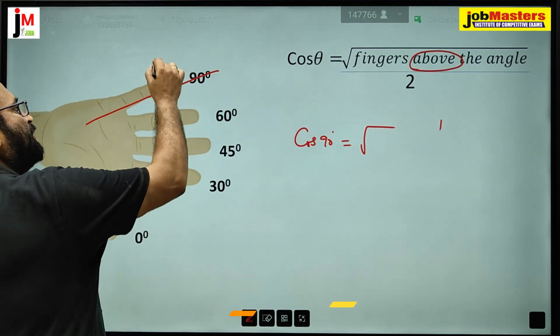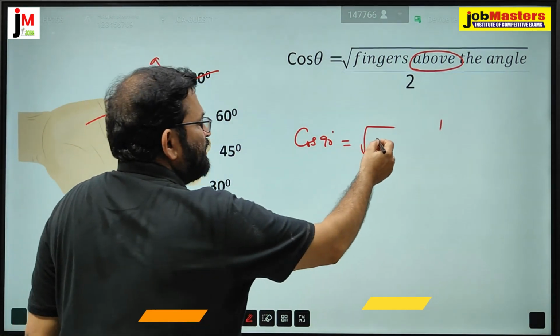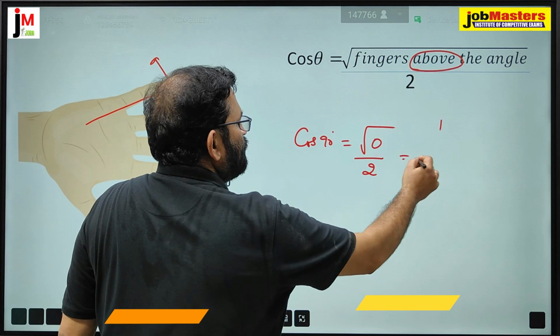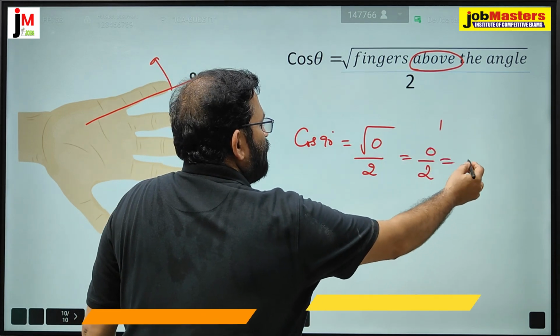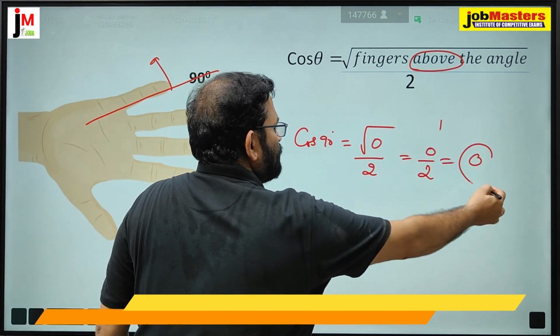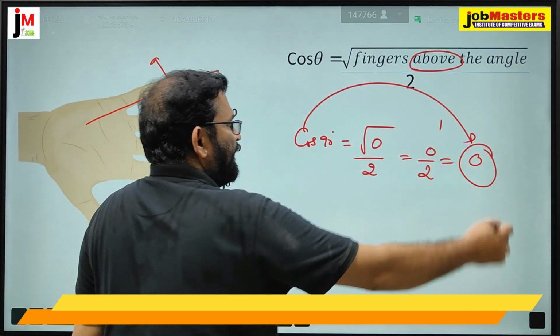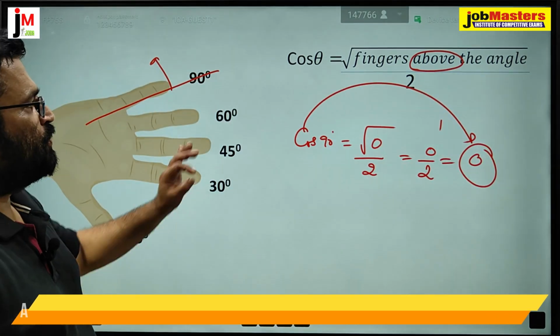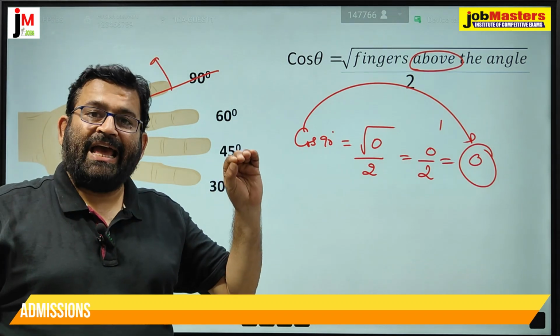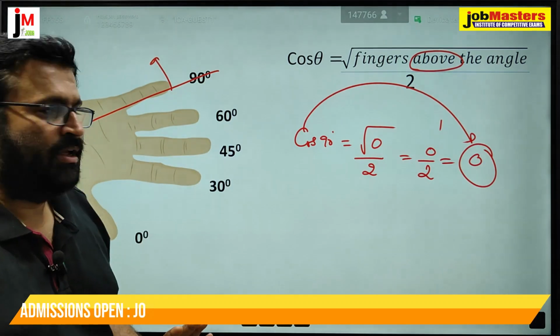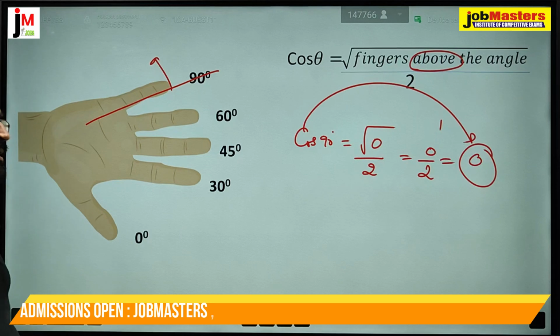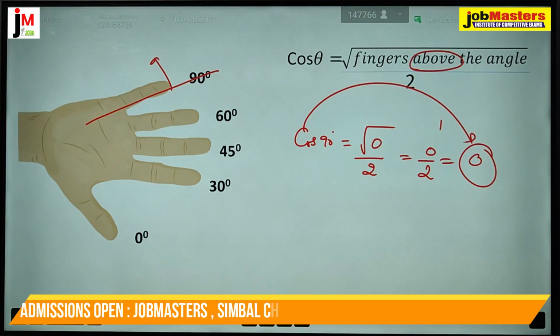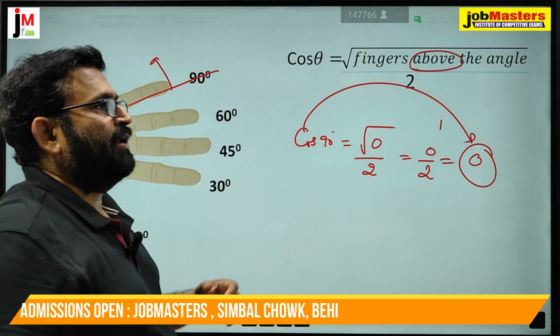This is 90 and there is no finger above this. So we can write 0 here and by 2. So root of 0 is 0 and 0 divided by anything is always 0. So answer of cos 90 degree is 0. So our formula fits everywhere. It fits everywhere.